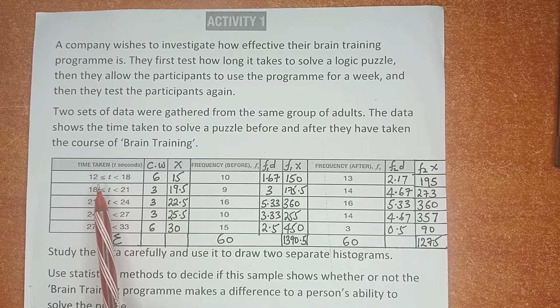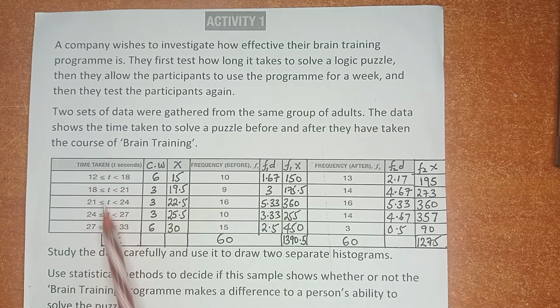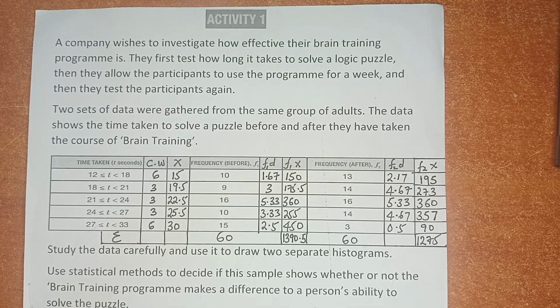For example, in the class of 12 to 18, the frequency before training was 10, and the number of people after training was 13. In the class of 18 to 21, the number of adults was 9 before, and 14 after training, and so on. So there were originally just these two frequency columns. Let's go to the question so that I start explaining how and why I introduced the other columns.